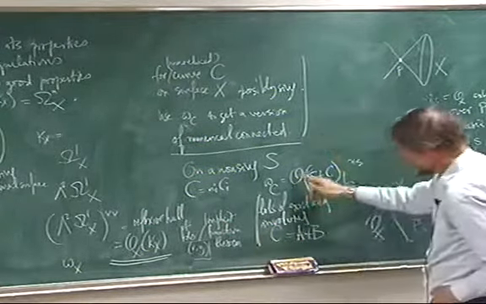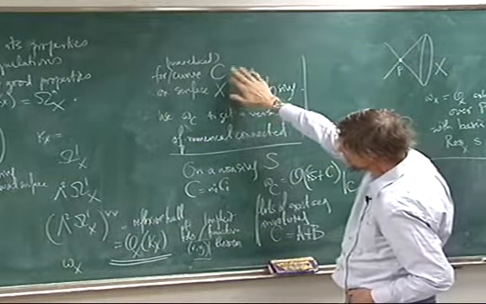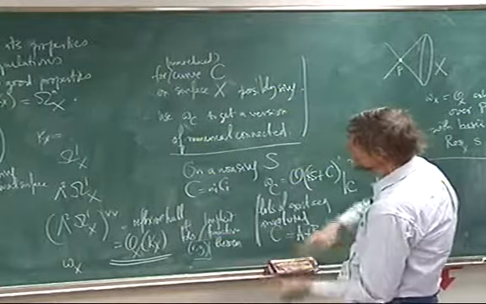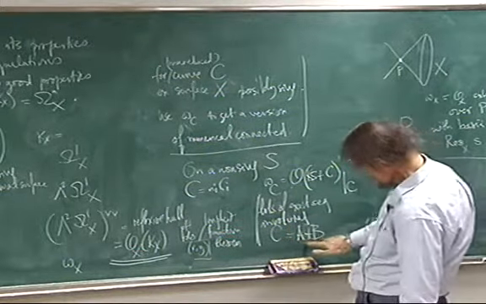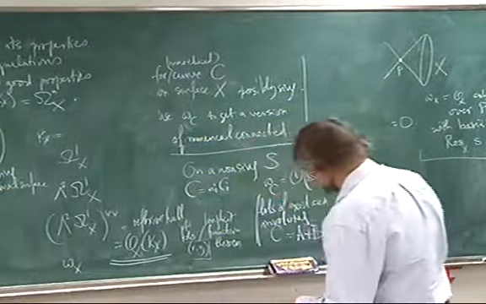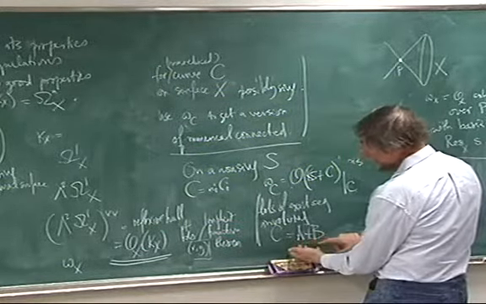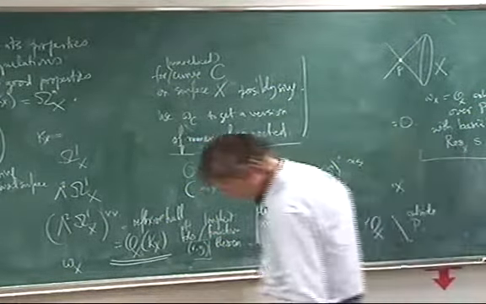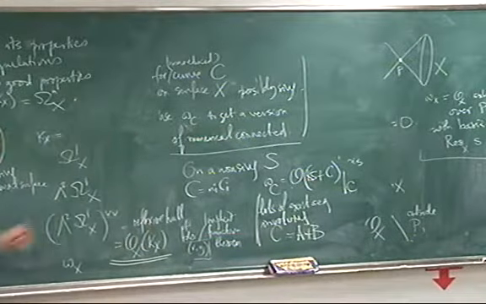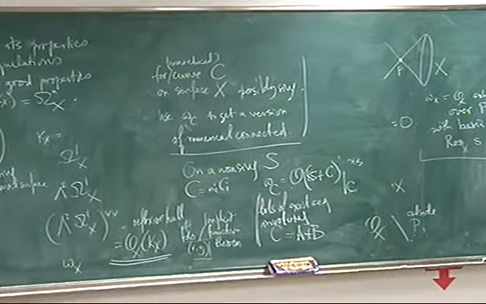You can use these in this slightly more general context in which C is a non-reduced curve on a possibly singular surface X, and maybe some of these A's and B's that we write down are not Cartier divisors on the surface X. So it can happen that the A and the B are not themselves Gorenstein, but nevertheless I can get this numerical connectedness argument to work in this context.